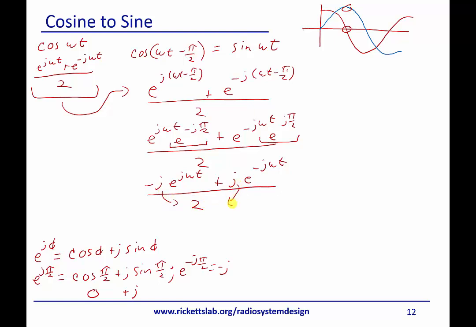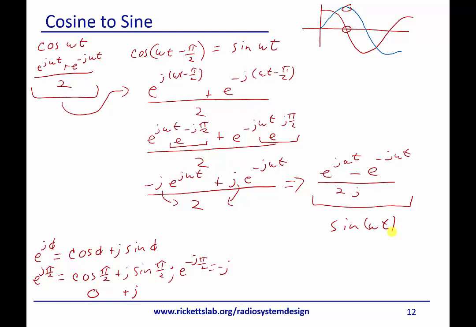And if you remember, if you put j on the bottom, that just gives you a negative. And so this gives me a nice e to the j omega t minus e to the minus j omega t over 2j. And you should recognize that immediately as just being sine omega t.